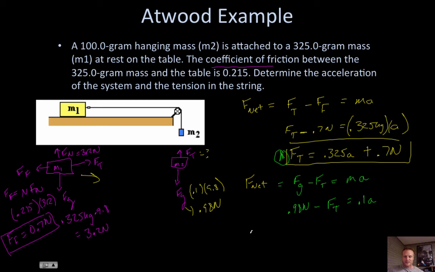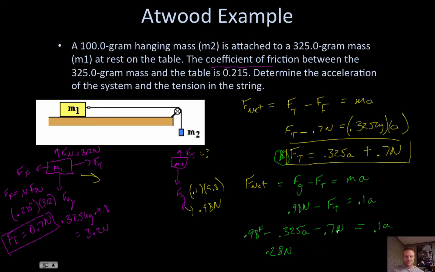So I'm going to write this to the left a little bit: 0.98 minus 0.325 A minus 0.7 newtons is equal to 0.1 A. So if I take my newtons and figure out what that is, that leaves me with 0.28 newtons.